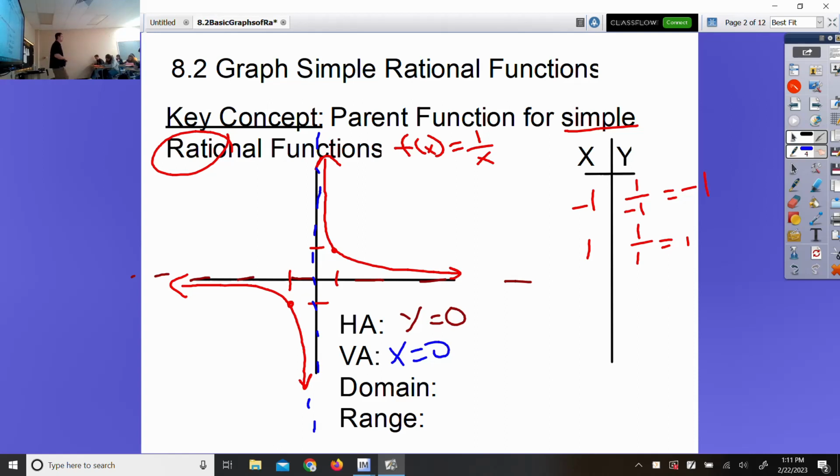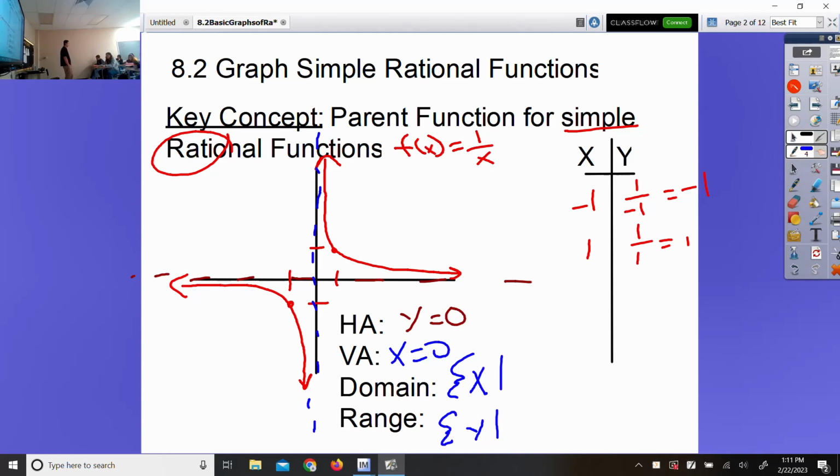Let's do domain and range using set builder. Set builder is where you've got the curly braces. Remember how that reads? X bar, what's it mean? X is everything such that. All values of x such that.